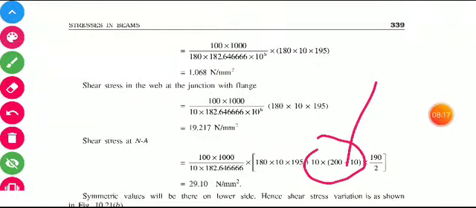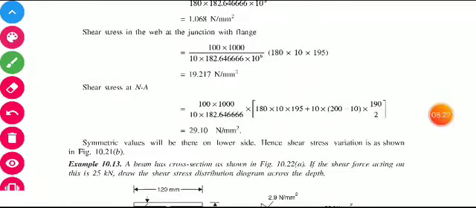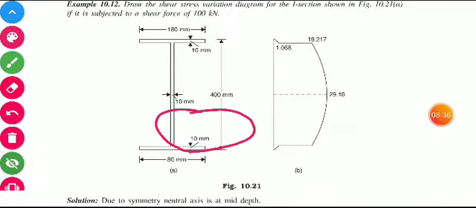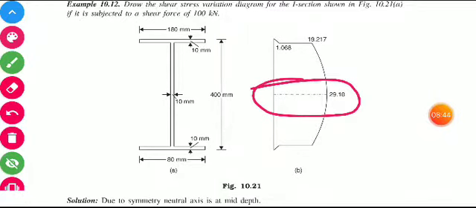We combine both. So at the mid the value is 29.10, and because this is a symmetrical section, the same values repeat on the bottom side. So the shear stress distribution diagram for this I section becomes 1.068, 19.217, 29.10 at the mid, and the same repeats below.